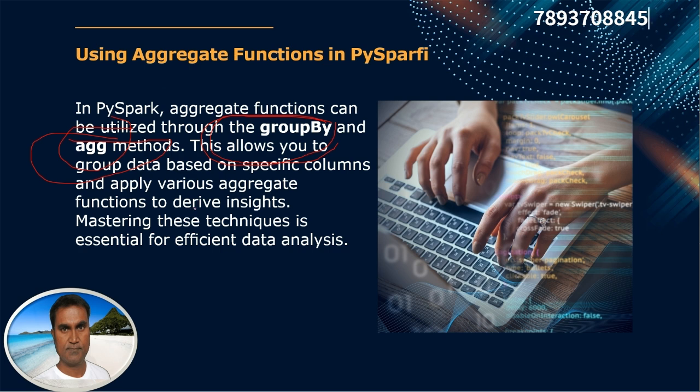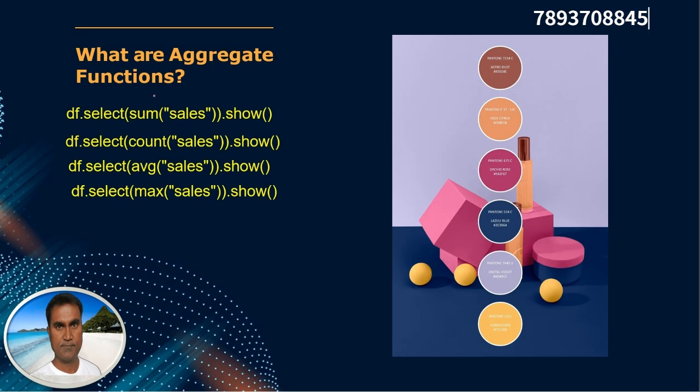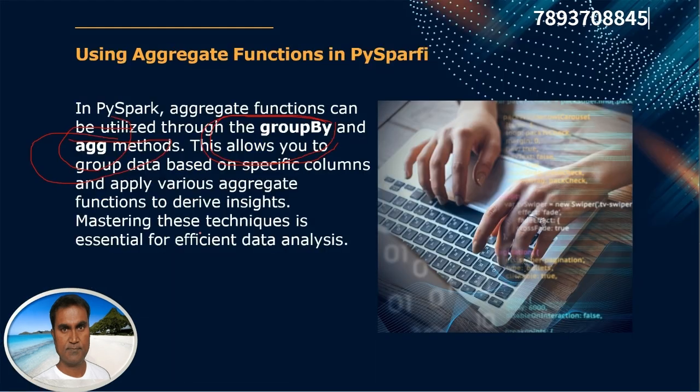If you want to use only a single aggregate function, you can directly give sum, count, average. If you want to use more than one aggregate function, we need to use the aggregate method along with the group by. That is the difference.